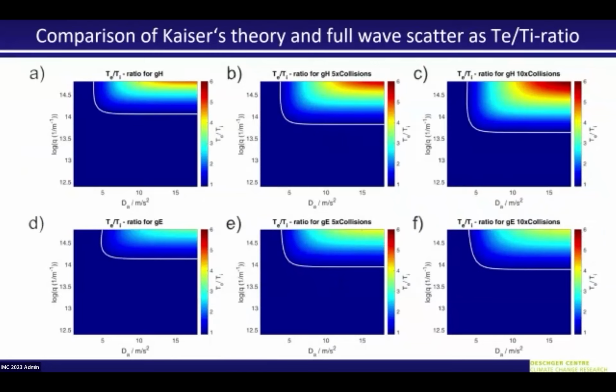And guess what? You see differences. The bluish part is actually the good news. This is where Kaiser's theory fully holds, and we can assume that the signal morphology follows this exponential decay as the classical analysis shows.